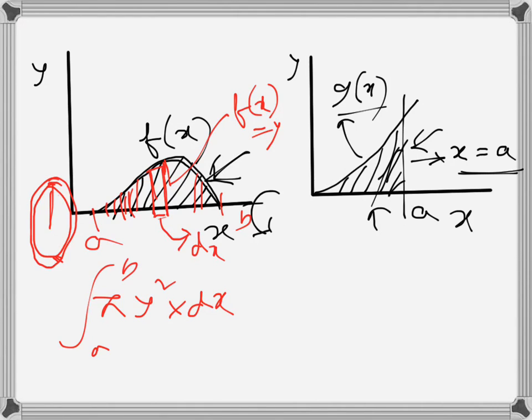Now if we consider the same area and revolution about the y-axis, then we will have a different kind of volume generated, and for that we have to resort to the cylindrical shell method or washer method. Let's draw this again. Say this is our graph, and let's consider this section.